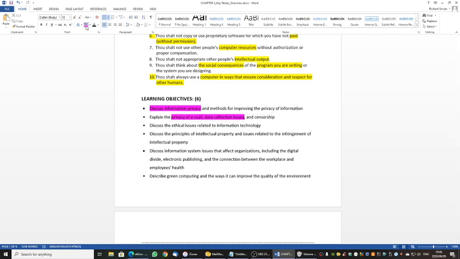So when you are collecting data from a survey, for example, you would obviously want to make sure that whatever people tell you is going to remain private. We can mention this one, which is quite an interesting one, and it's called censorship.